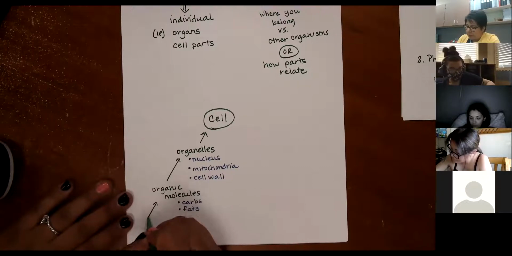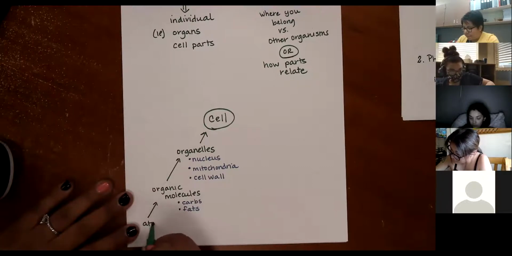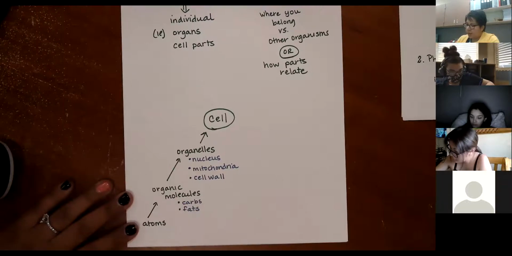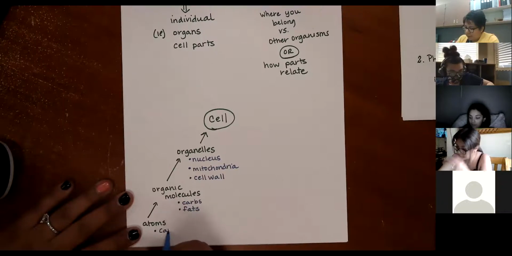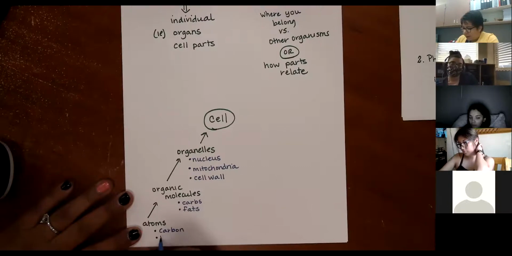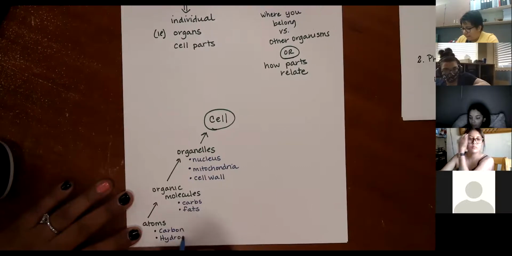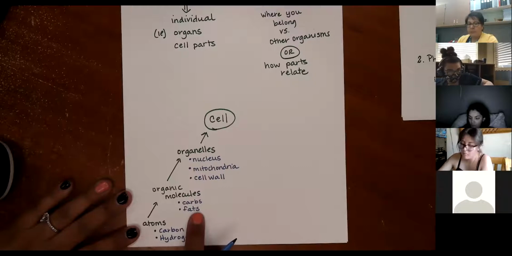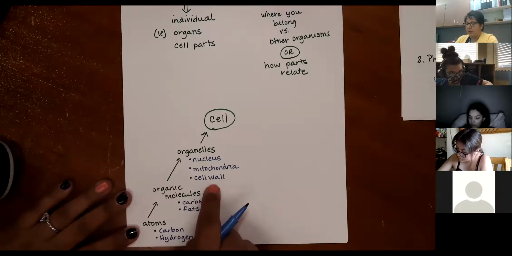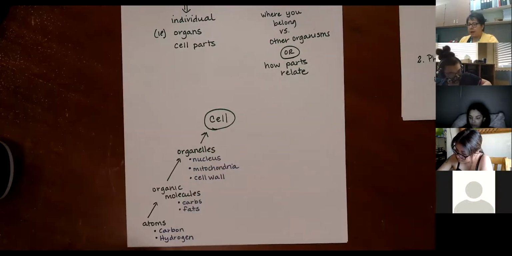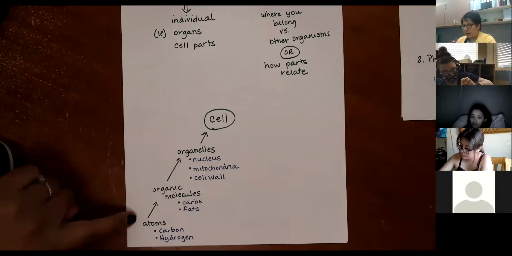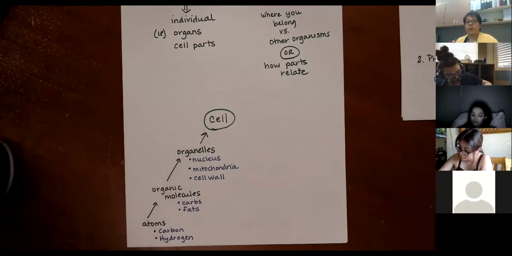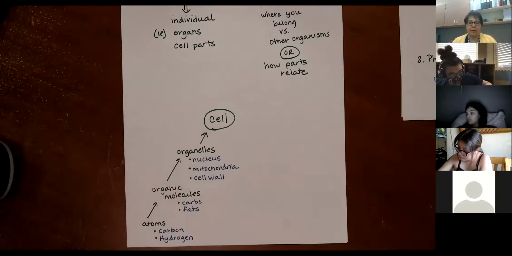Organic molecules themselves are made up of atoms, things like carbon and hydrogen. Carbon's not alive, hydrogen's not alive, but when they combine in certain ways, they make up smaller or larger components, which in turn make other components, which in turn make up something that's alive. This right here is an example of a hierarchy.